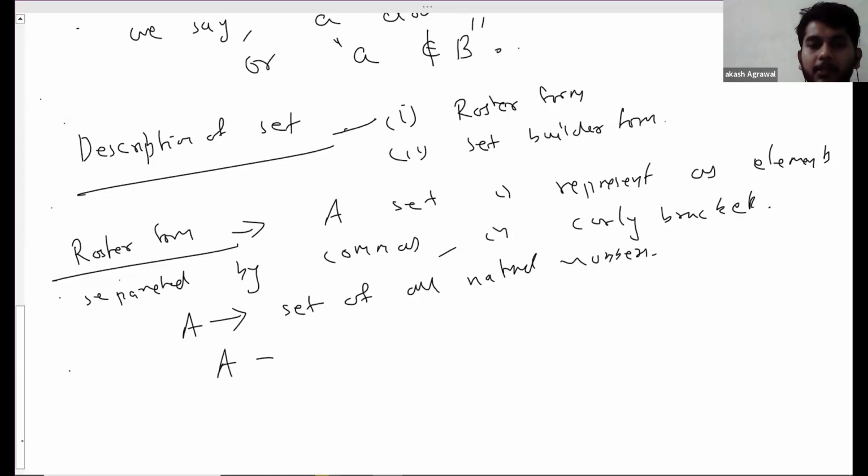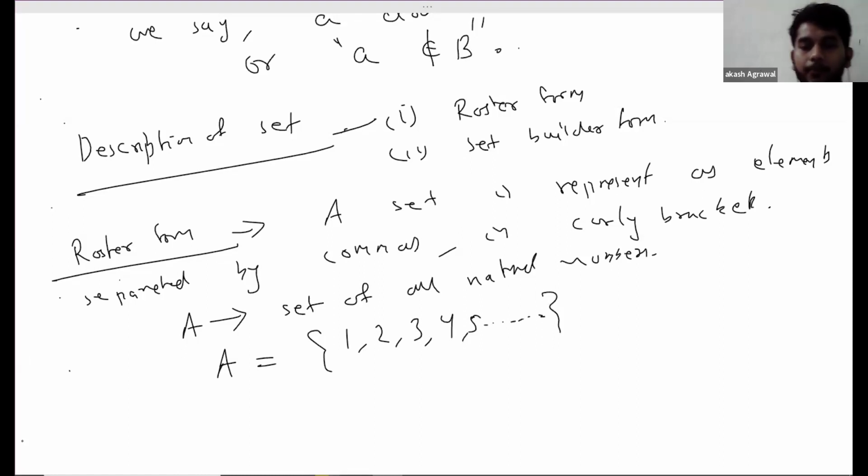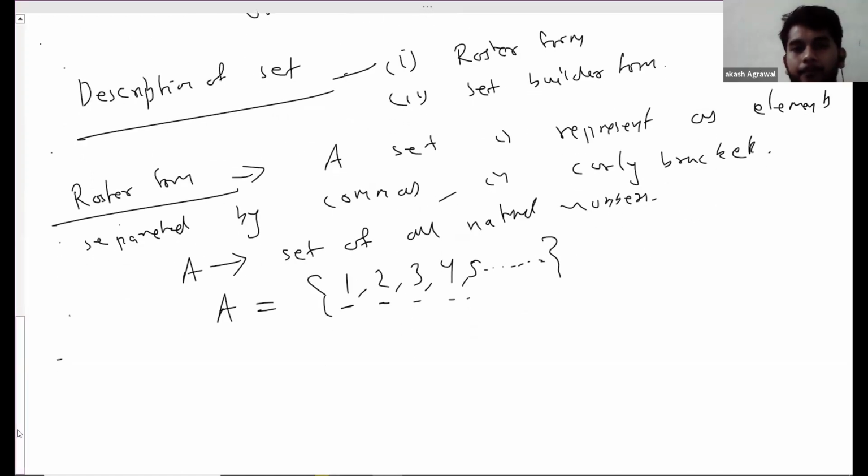So how will we write set A here? Curly brackets 1, 2, 3, 4, 5, dot dot dot. Since it goes to infinity, we put dots. All the elements must be separated by comma. Clear everyone?